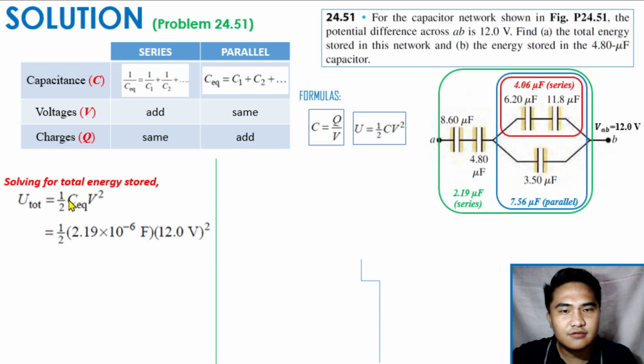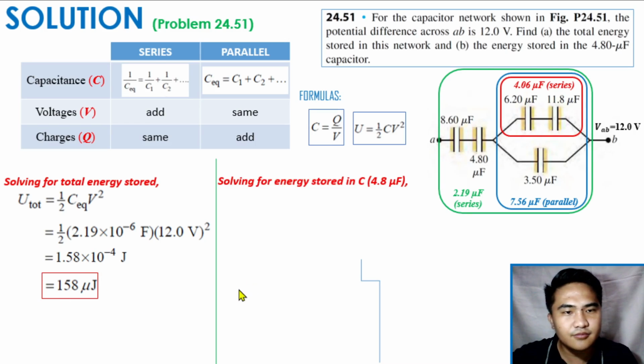So we have the value for CEQ, which is 2.19 microfarad, and the potential difference between A and B is 12 volts, and we will get 1.58 times 10 to the negative 4 joules, or 158 microjoules of total energy. So this is the total energy stored in the whole network.